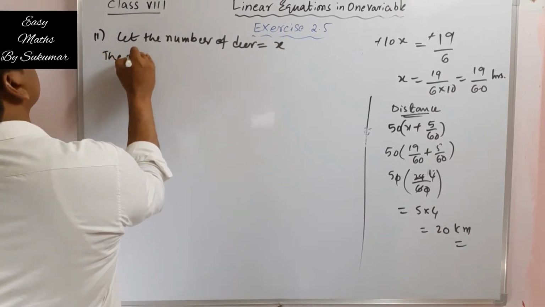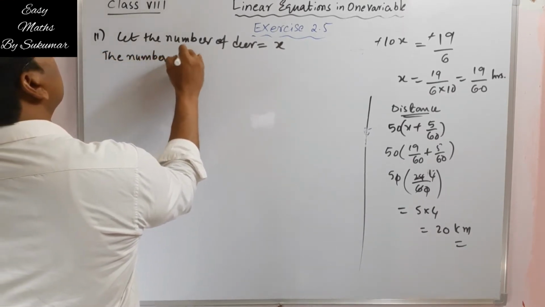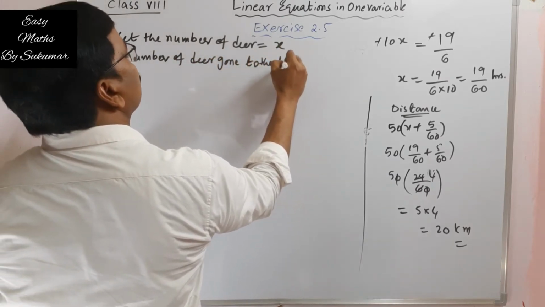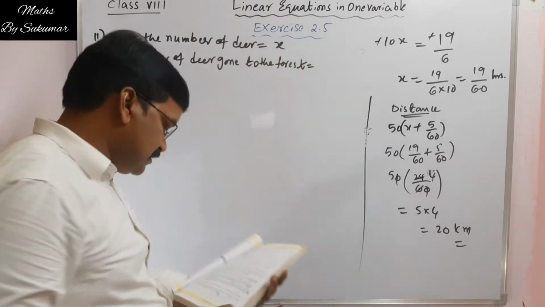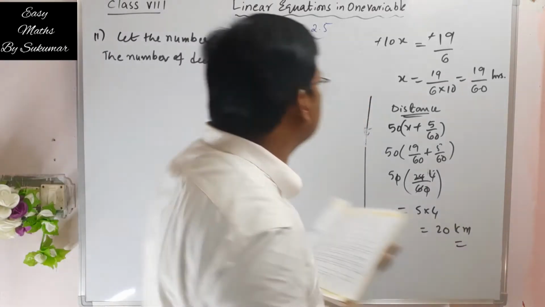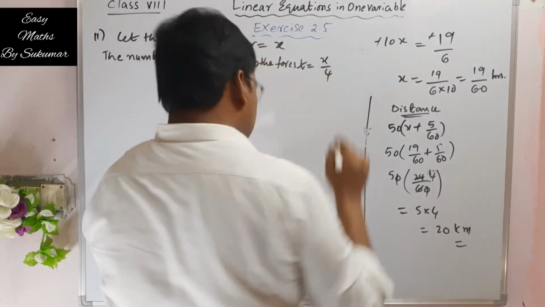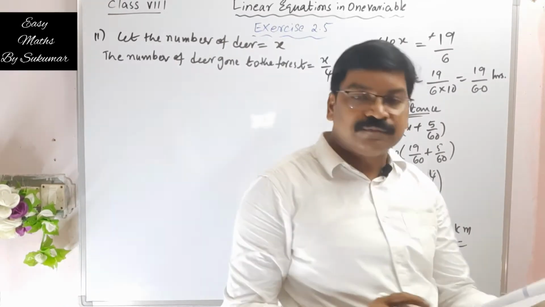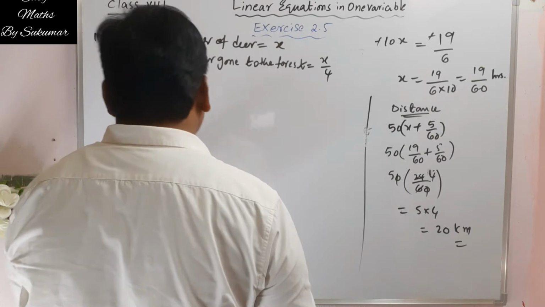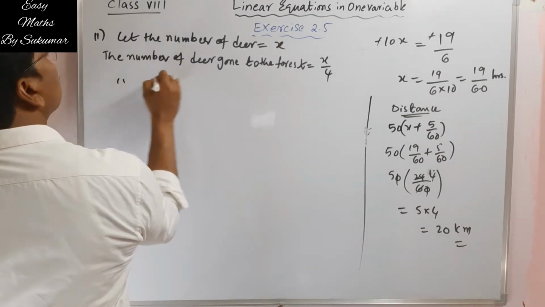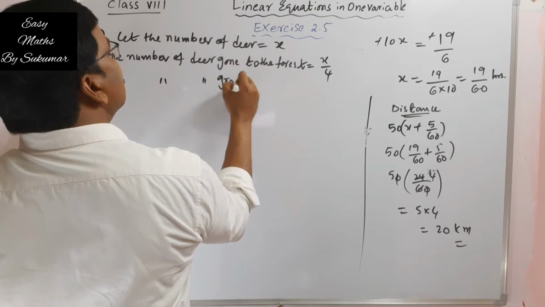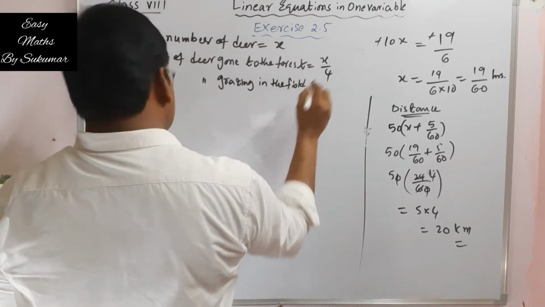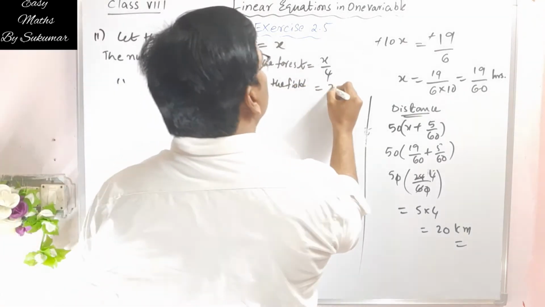The number of deer gone to the forest is 1/4 of the herd, which means x by 4. 1/3 of the total number is grazing in a field. The number of deer grazing in the field is 1/3, which means x by 3.